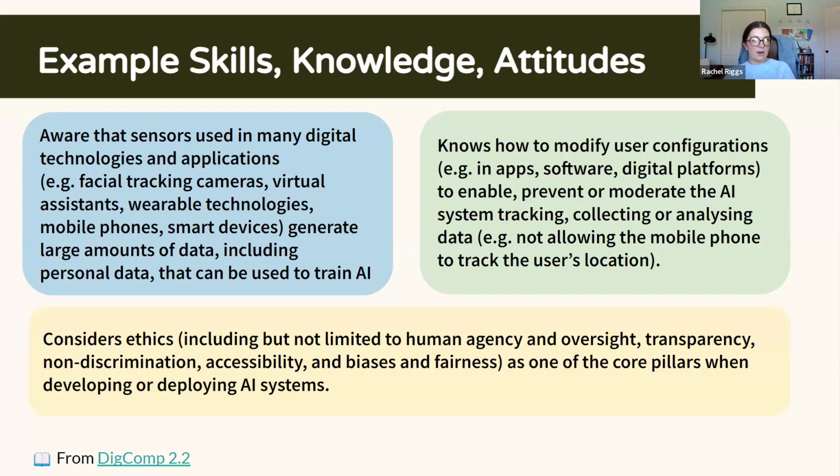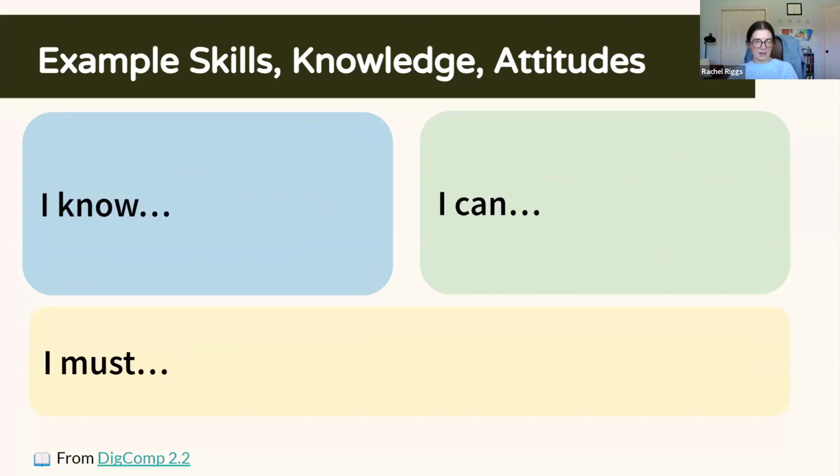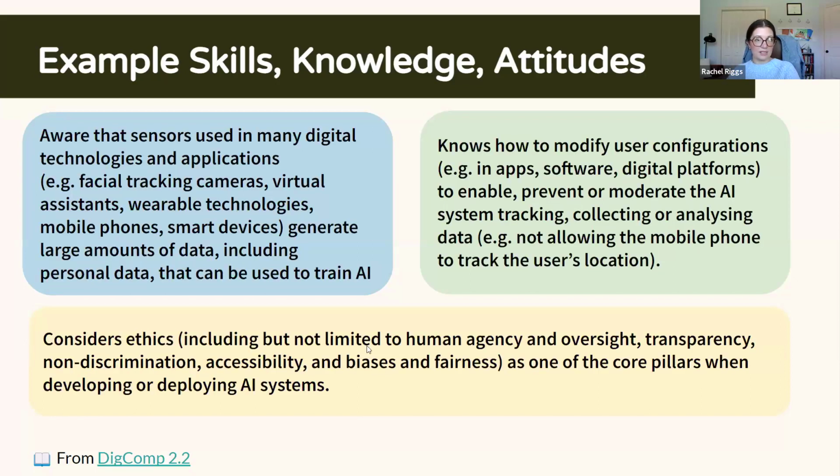And these are some examples that they have. An example of knowledge is the awareness that sensors used in different digital technologies and applications generate large amounts of data, including personal data that can be used to train AI.